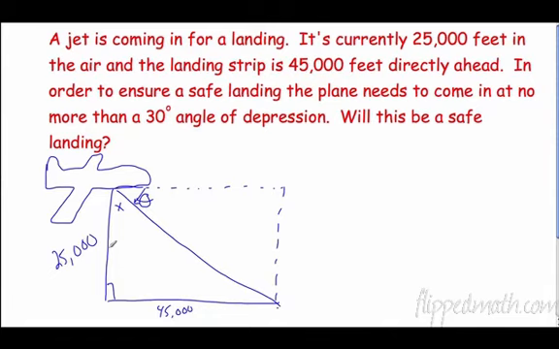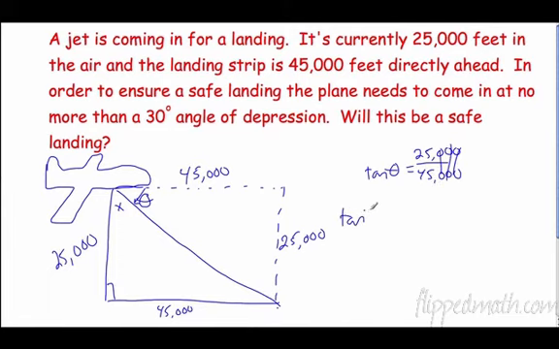The nice thing is it's a rectangle. So that's 25,000. If that's 45,000, this is 45,000. All right? So now we can find it. Opposite over adjacent. So tangent of theta equals 25,000 divided by 45,000. And get rid of these zeros, right?